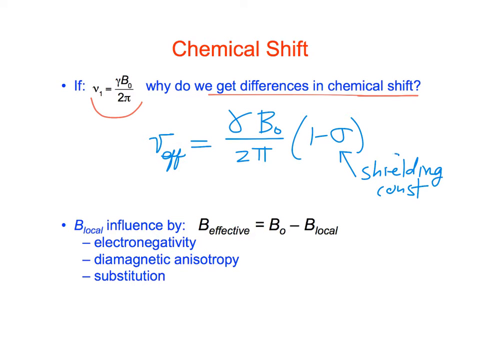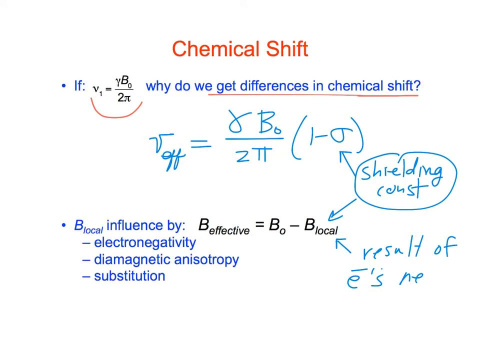Okay, and the shielding constant is related to this local magnetic field. Okay, so the local one is the result of electrons near the protons. So is B local equal to sigma? Not exactly, but they kind of go together a little bit here.